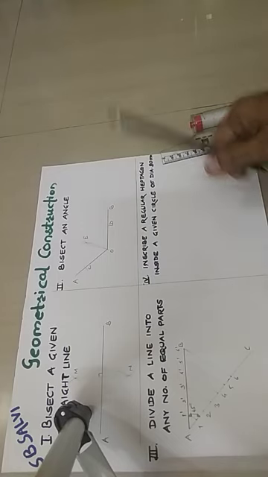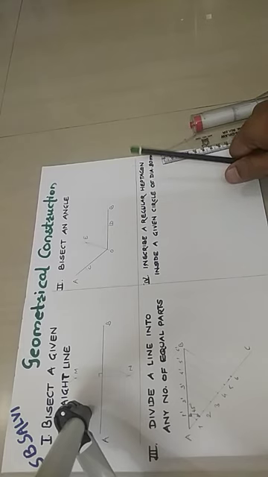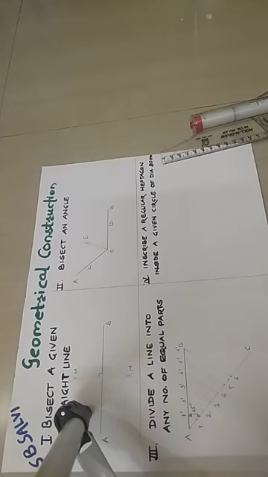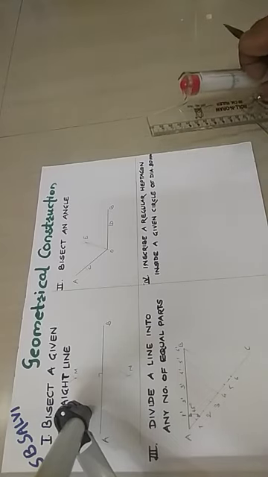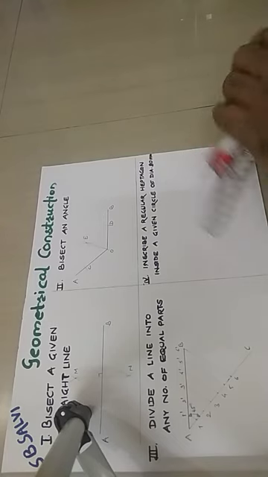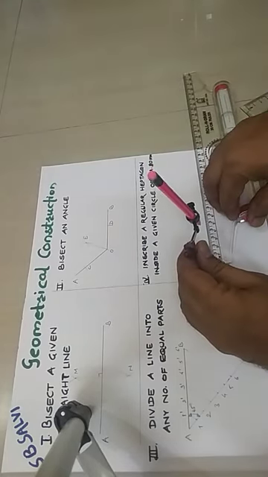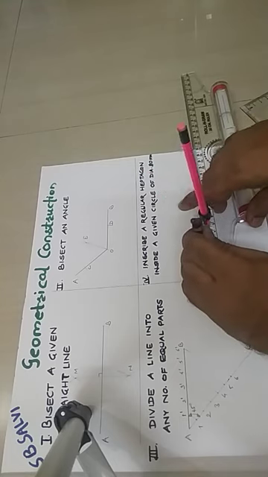Now here it is mentioned in the statement: inscribe a regular heptagon inside a given circle of 80 millimeter diameter. Now you are going to start. First of all, draw a given circle of diameter 80 millimeter, with the help of compass. The diameter is 80 millimeter, so obviously the radius will be 40 millimeter that I am taking.